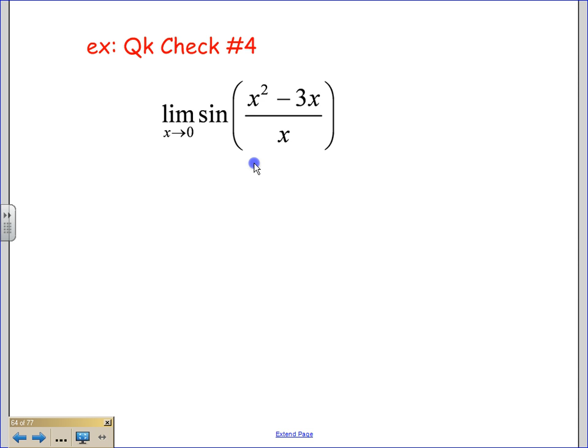Okay, so if I try to take the limit, what do I get? Keep going. Since sine is continuous, I can do the following.